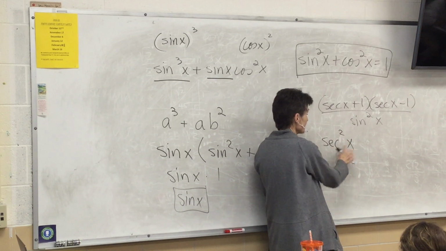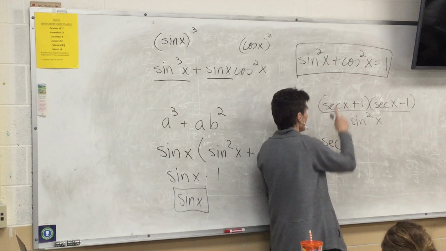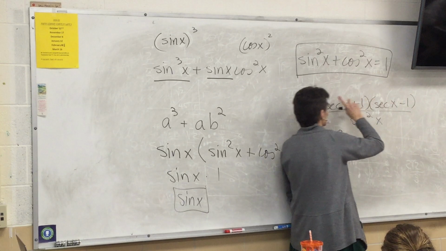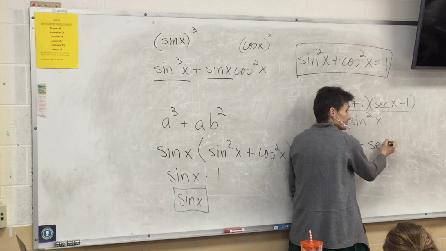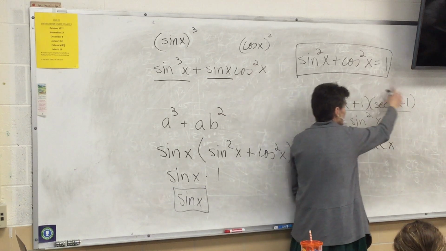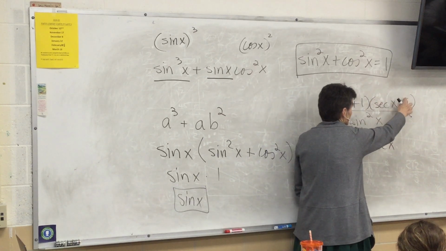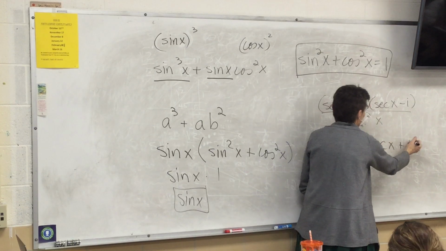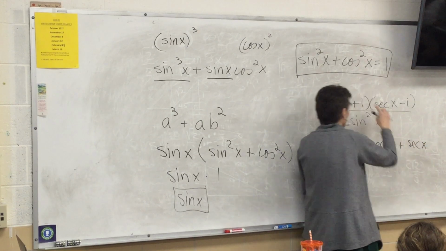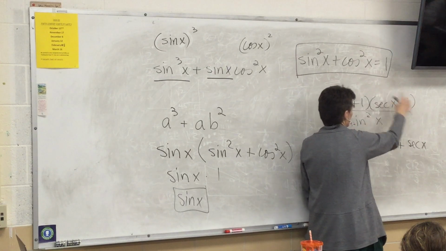We put it there, secant squared. Okay, outsides. Minus secant, right? When I multiply. What are insides? Plus secant. And what are last? Minus 1.